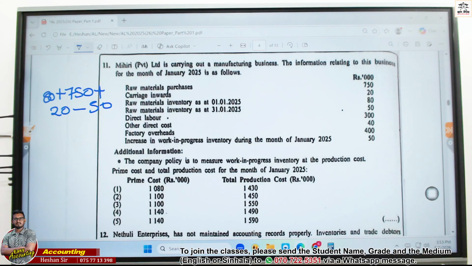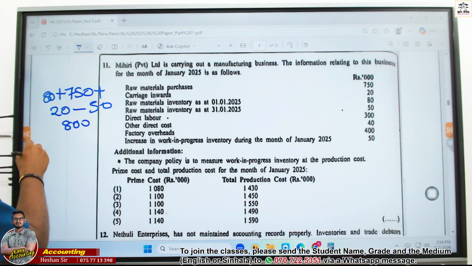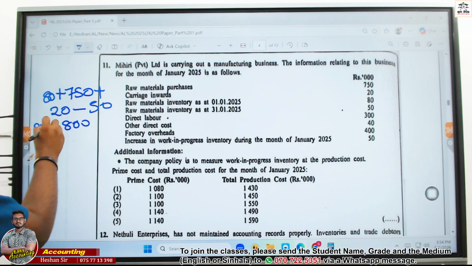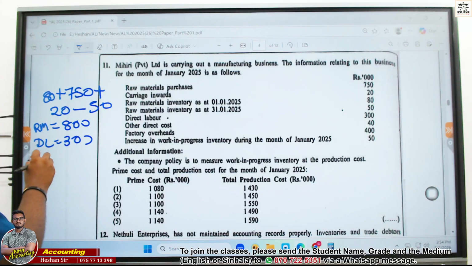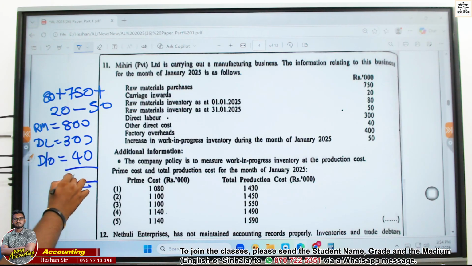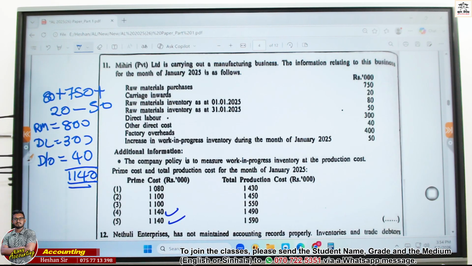You can see raw material consumed is 800. Direct labor, that is 300. Direct other, that is 40, right? So 1140 is the prime cost.